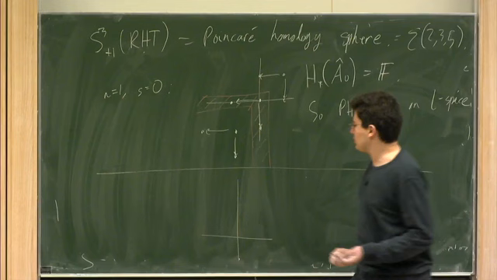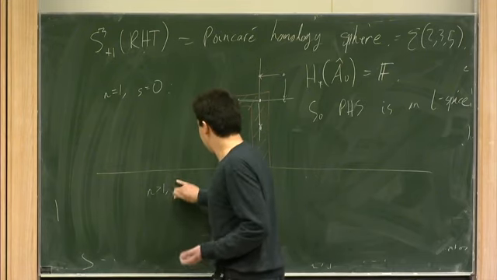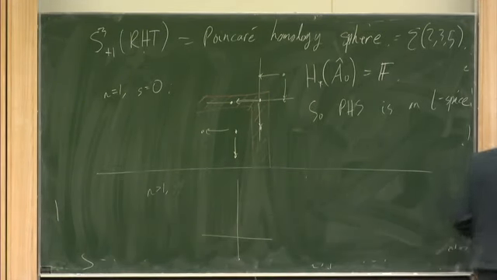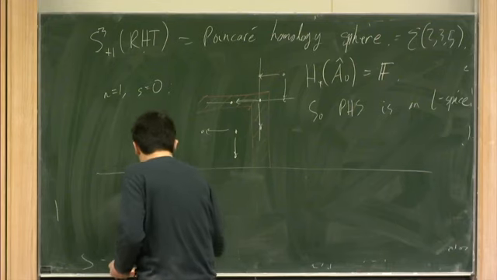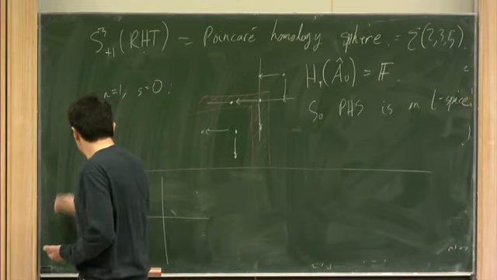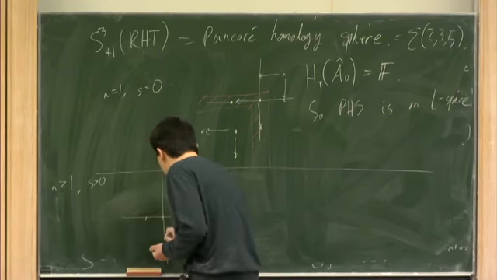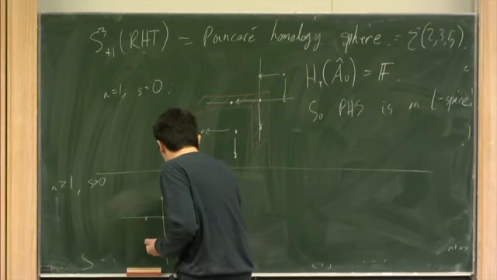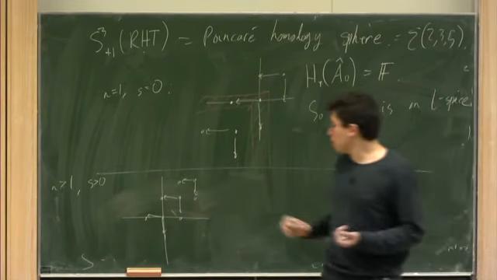If I were interested in n bigger than 1, so s bigger than 0, and then bigger than 1, let's work it out. I'm going to draw my chain complex. What do those A hat complexes look like?